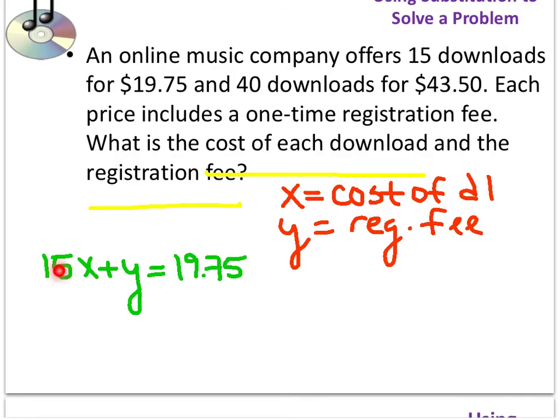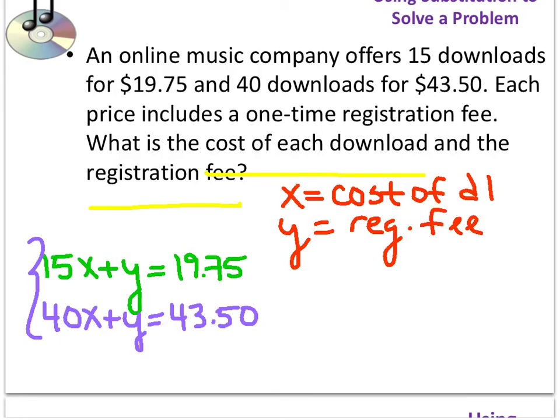There was 15 downloads, each of them costing x amount of dollars. I'm not sure how much, plus that one-time registration fee, and that's $19.75. Now the next one, 40 downloads, plus that registration fee is going to give me $43.50. Okay, so here's my system of equations.